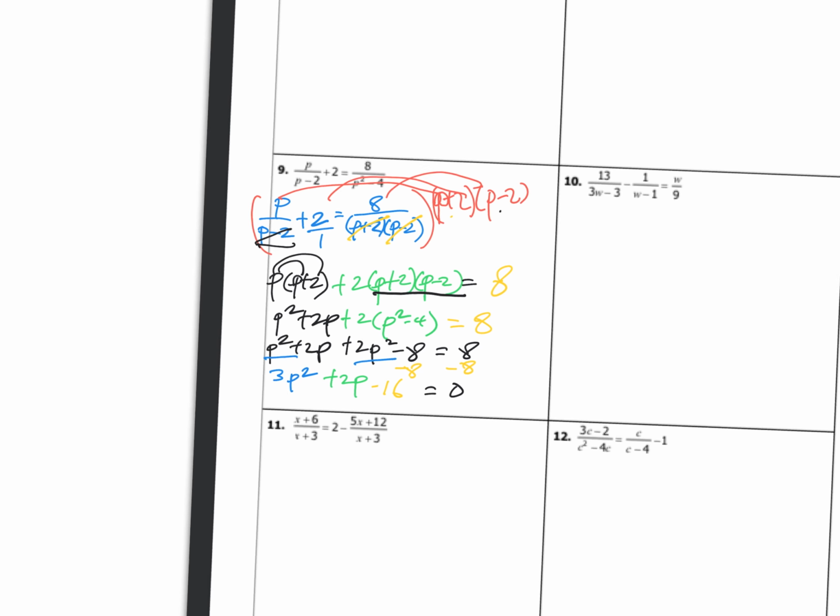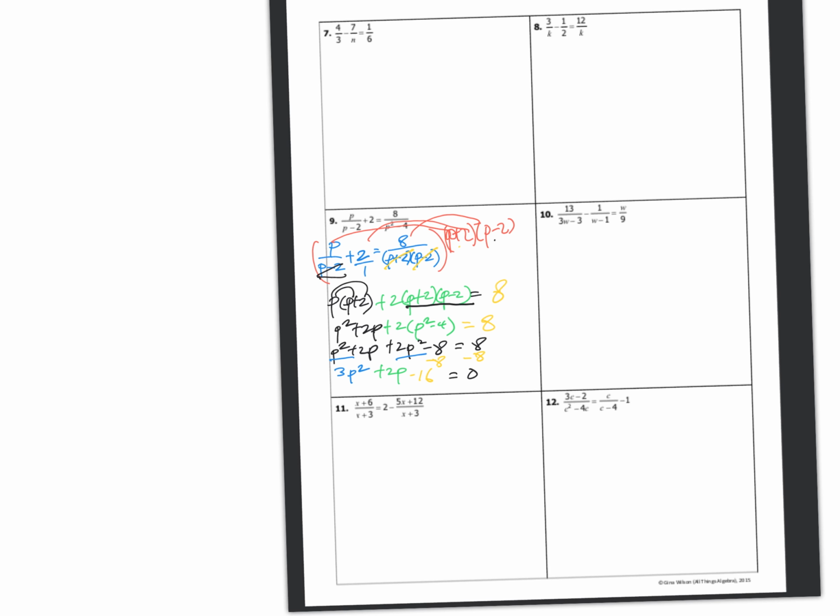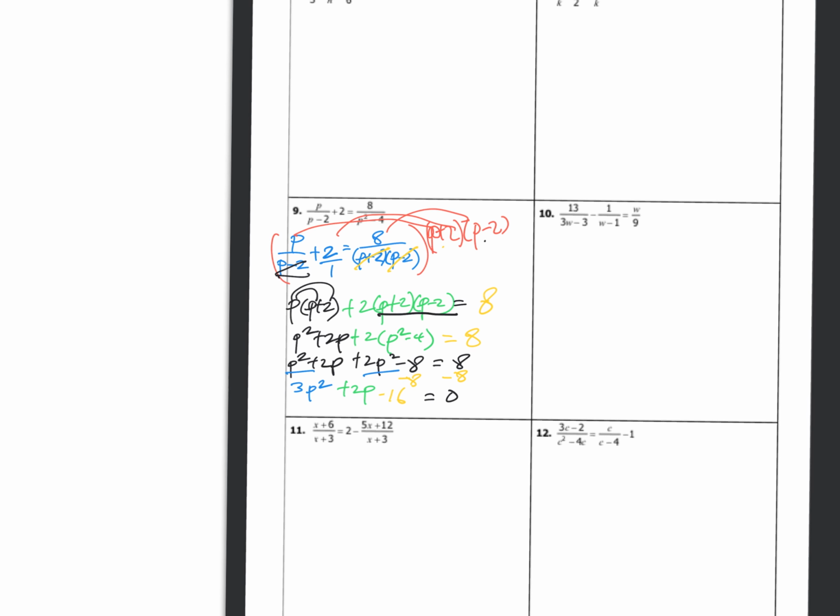So now what you gotta do is a big X. Sorry, I ran out of room. Hopefully you didn't run out of room, but if you did, write on the side. So now I got to do the big X with 3P times P. I got to break down negative 16 here. What is the correct pair to multiply to negative 16? We can do 1 and negative 16, 2 and 8, 4 and 4.